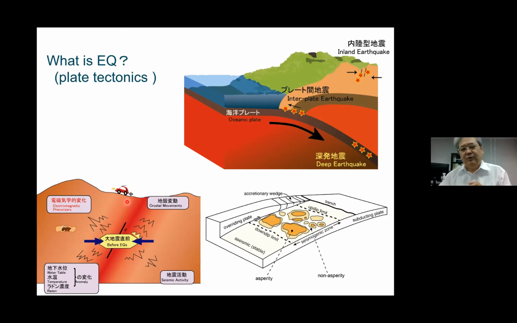Anyway, ionized fluid motion creates current. This current creates electromagnetic change. If we can detect this kind of small change adequately on the surface, in the air, in space, we can observe some change before an earthquake. So this is a kind of pre-earthquake process or precursor. That is a key point to monitor the pre-earthquake processes.